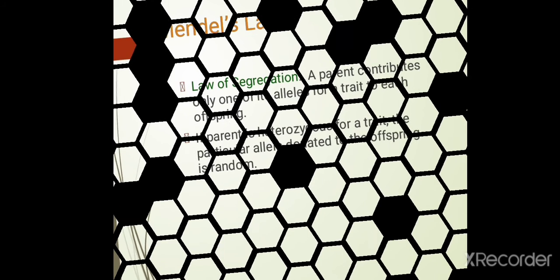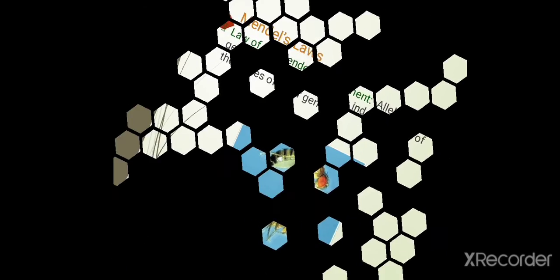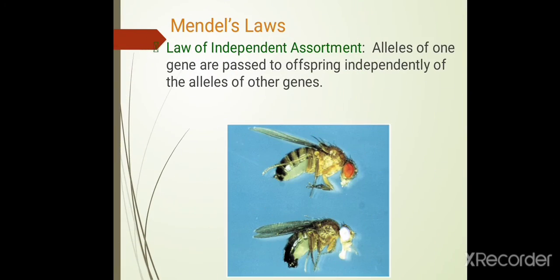Well, the second one is the law of independent assortment. It says here that alleles of one gene are passed to offspring independently of the alleles of another gene or other genes.